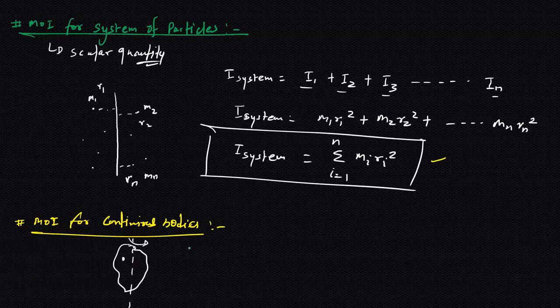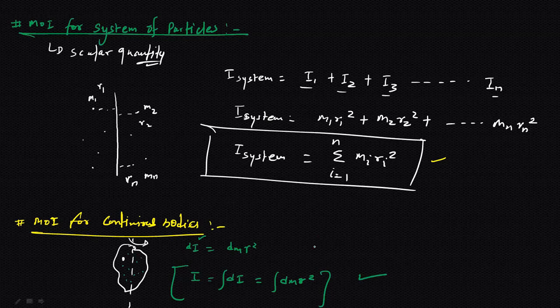I can define the moment of inertia for this element as the elemental mass multiplied by the distance square. Now I can add up for the other elements as well. Because this elemental moment of inertia is continuous, we can just integrate it. So the total moment of inertia for the rigid body is the integration of dI, that is the integration of dm r square. So that is the moment of inertia for the continuous body.